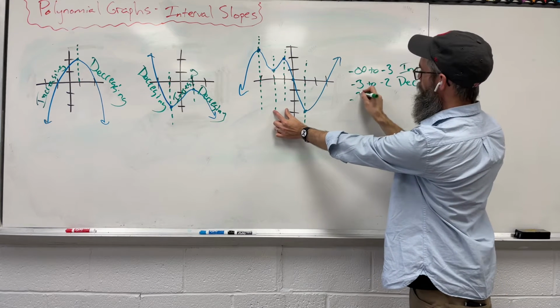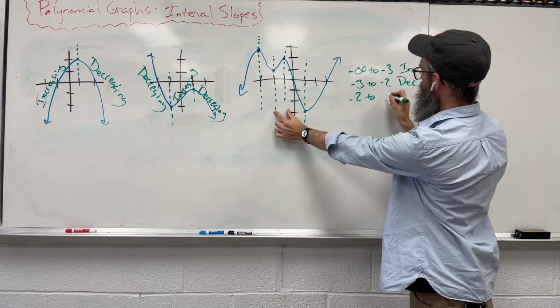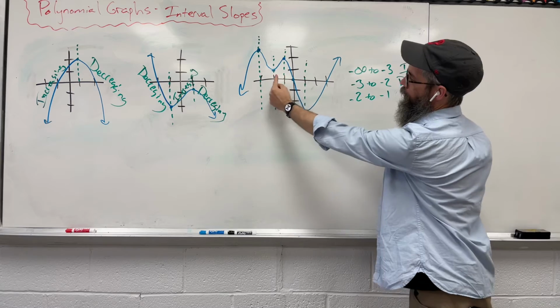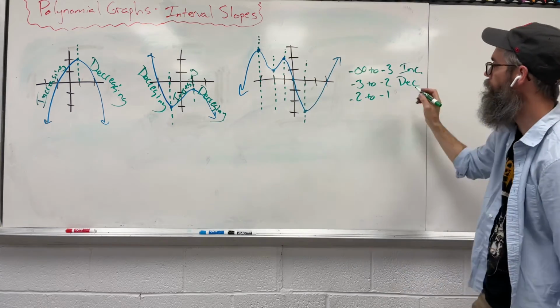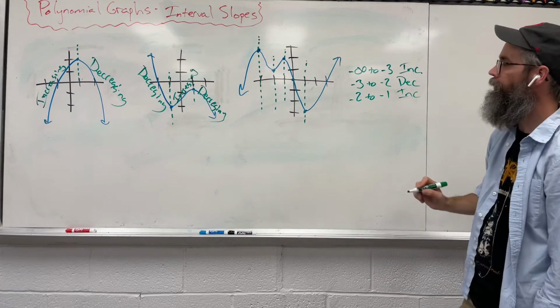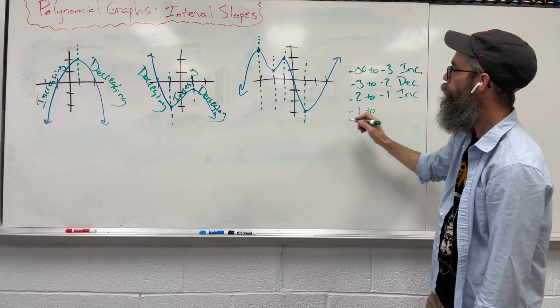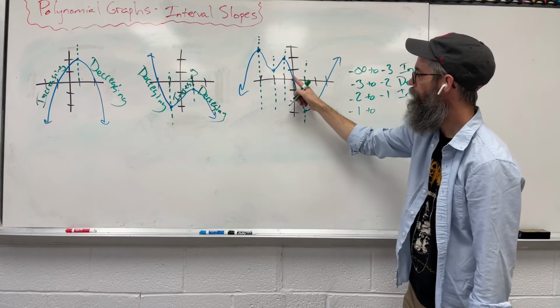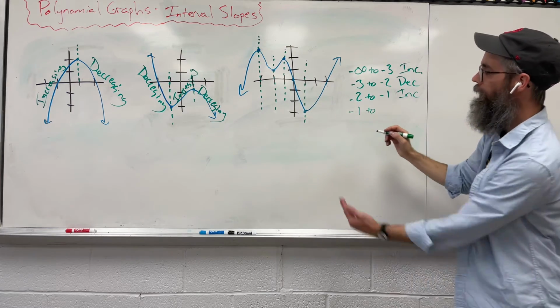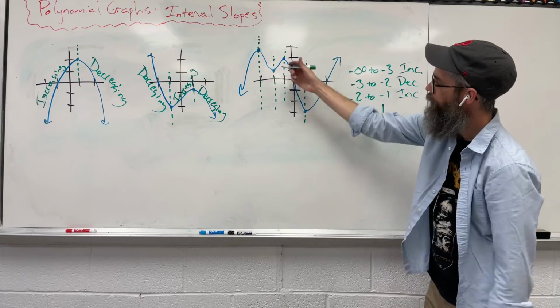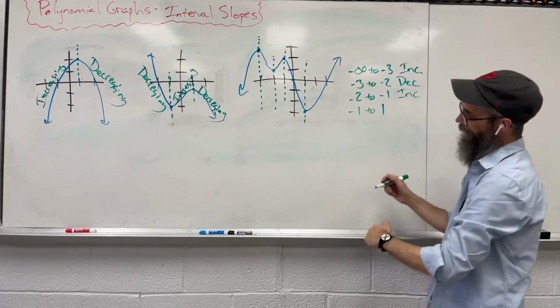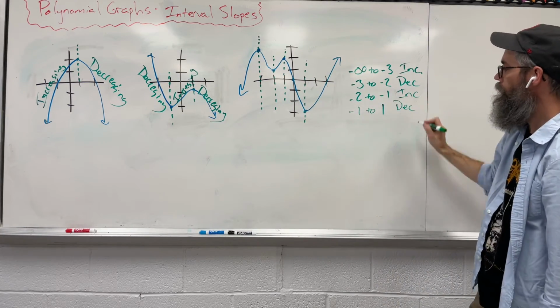Let's talk about -2 to -1. We now are reading our line move upwards, increasing. From -1, this thing goes all the way down to here, so that's at +1. As we move to the right, this line goes downwards, decreasing.